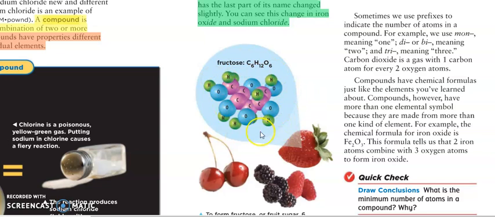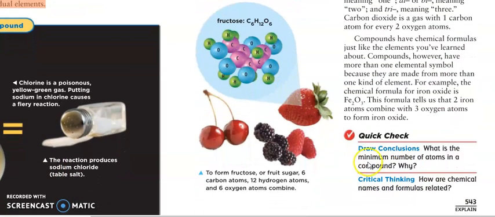Another example here is fructose, the sugar in fruit, or fruit sugar. I need six carbon atoms, 12 hydrogen atoms, and six oxygen atoms combined with each other. This is the formula of fructose, as you see in this picture, C6H12O6.